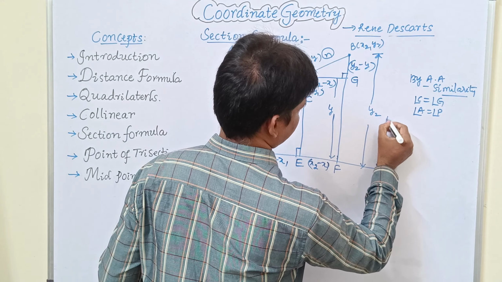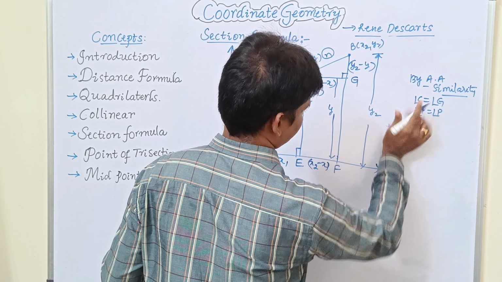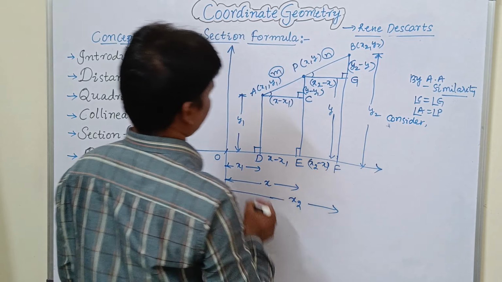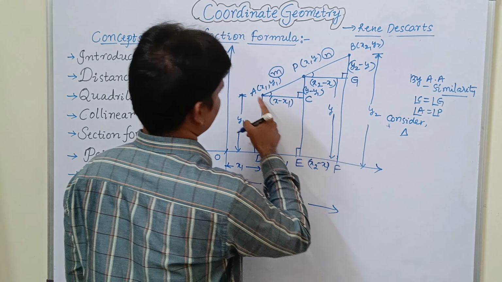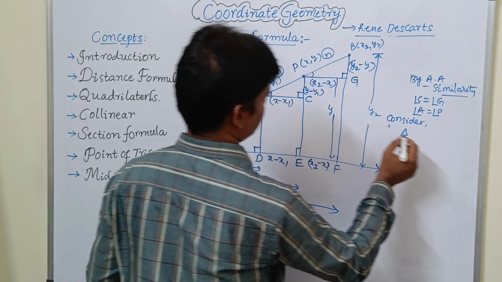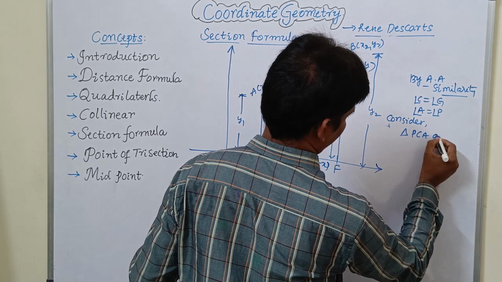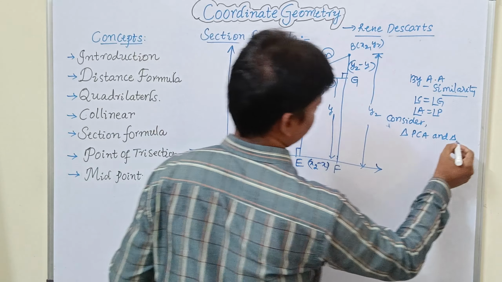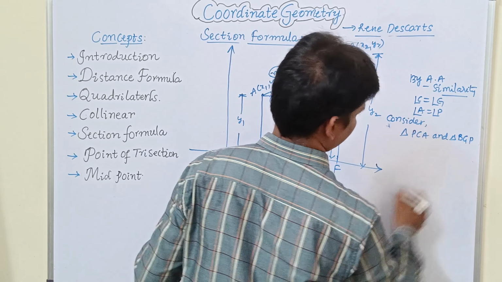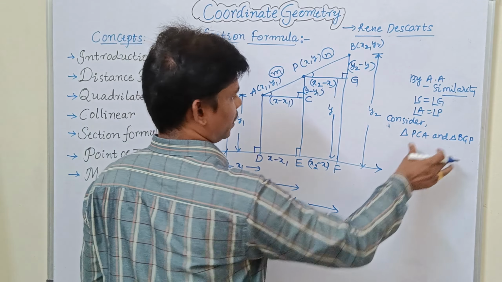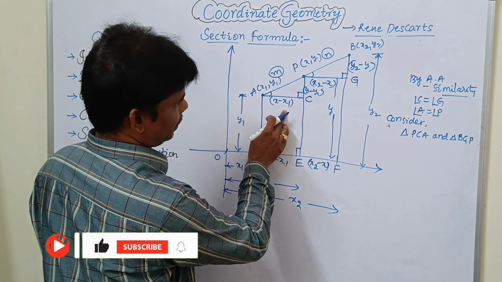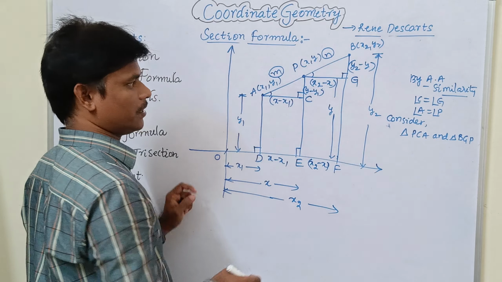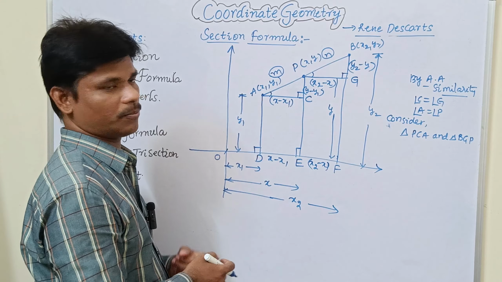So by triangles, consider this triangle PCA and triangle BGP. What do you have to write here? By AA similarity, angles are equal, which means corresponding side ratios are proportional.